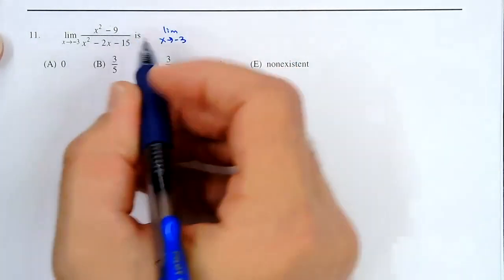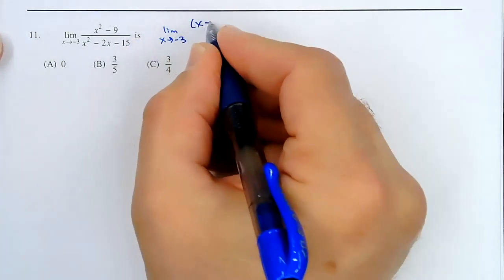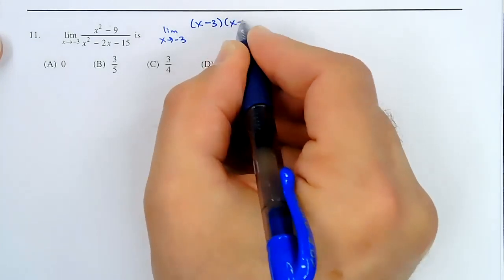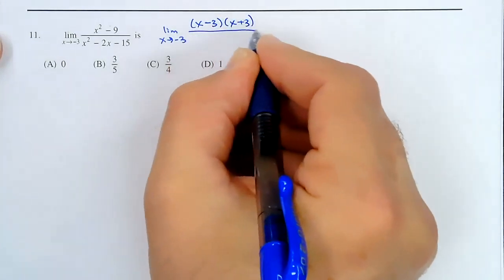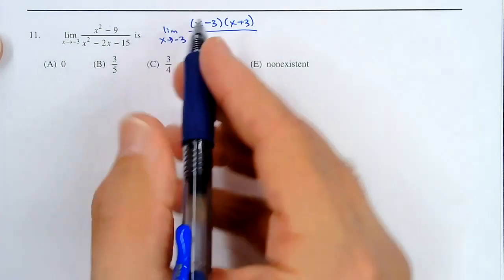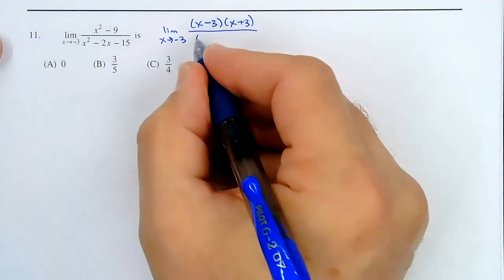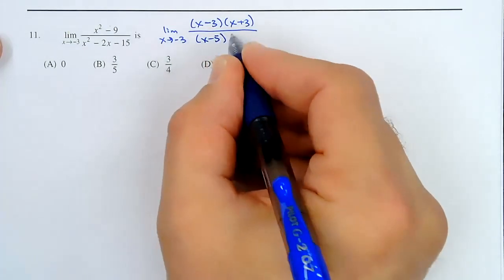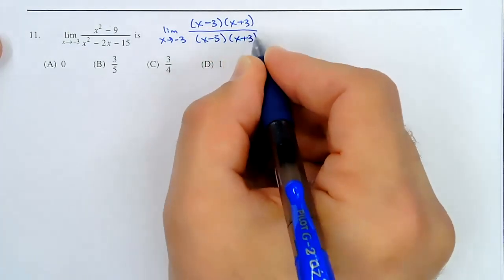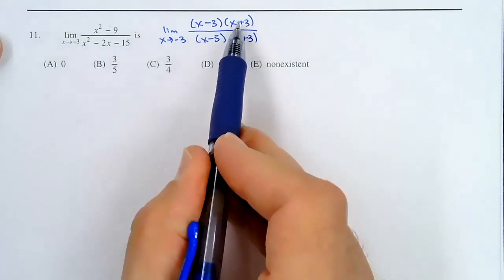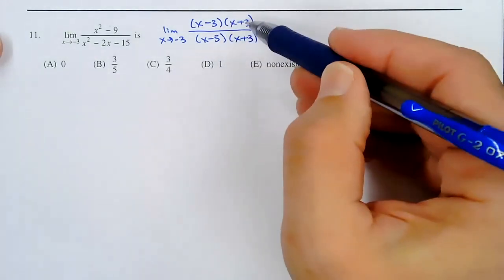X squared minus 9, that's a difference of squares, so that factors into x minus 3 times x plus 3. And then x squared minus 2x minus 15 is going to factor into x minus 5 and x plus 3.